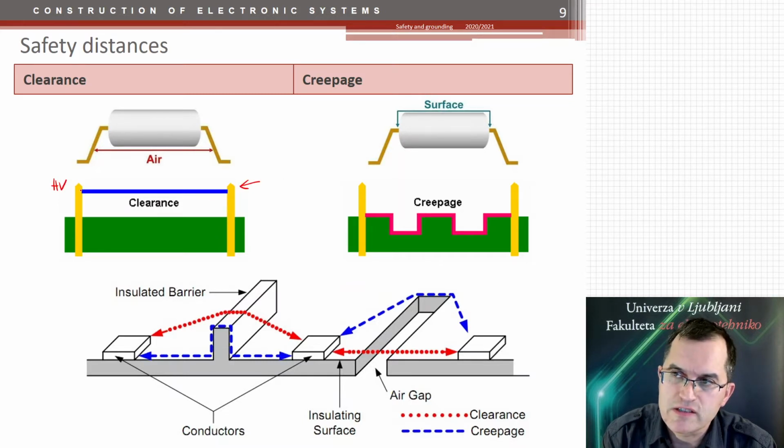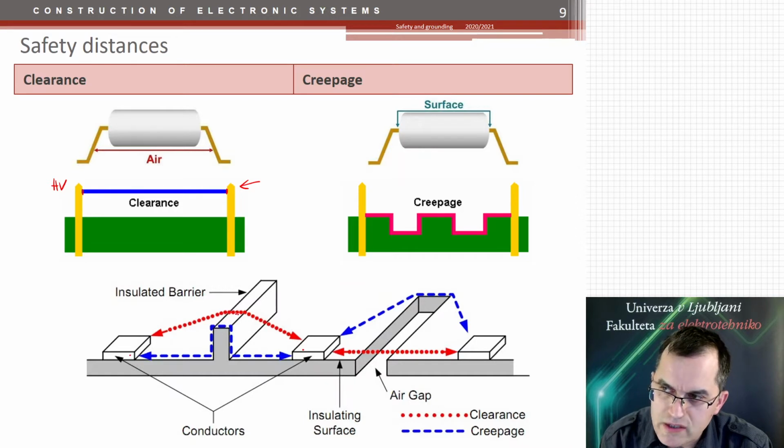The clearance would be the air distance, the shortest distance through the air between these 2 parts. For example, the clearance between that one and that one would be this distance here, the shorter distance through the air. Or here, for example, if you have a gap, this would be the clearance distance. So it's the shortest distance through the air.